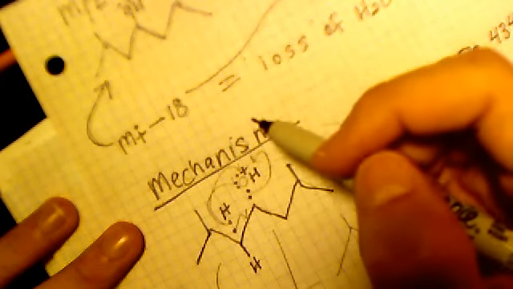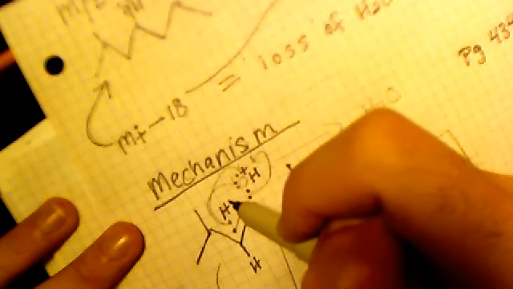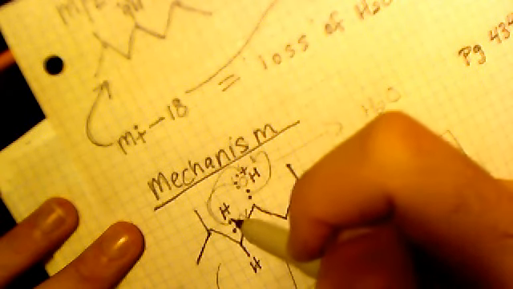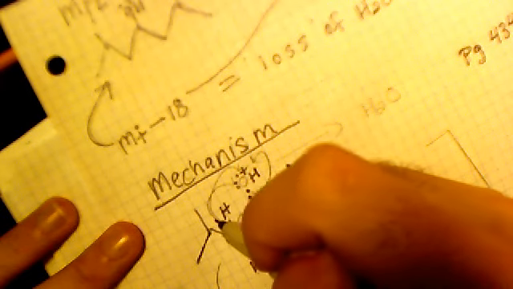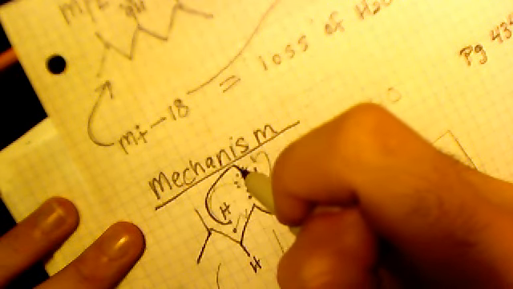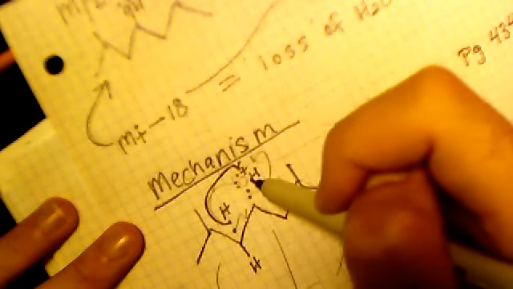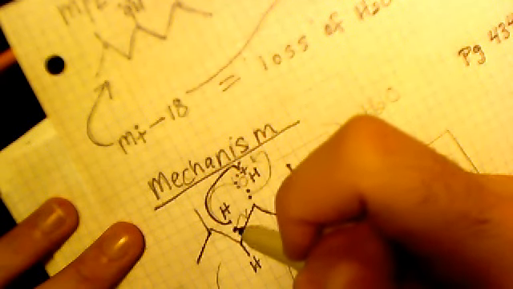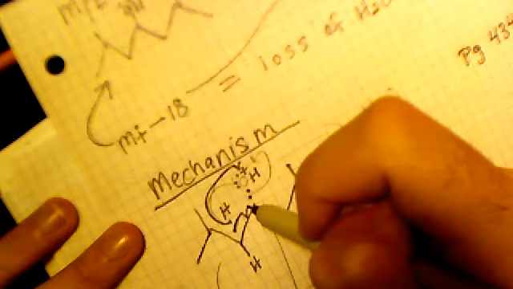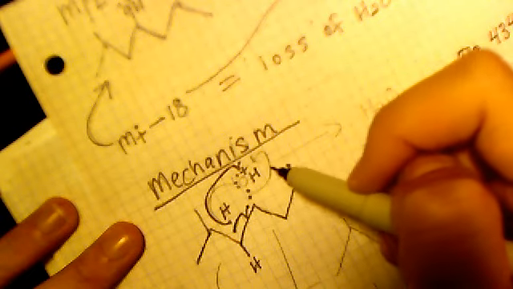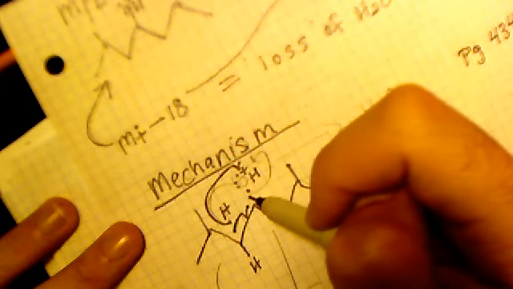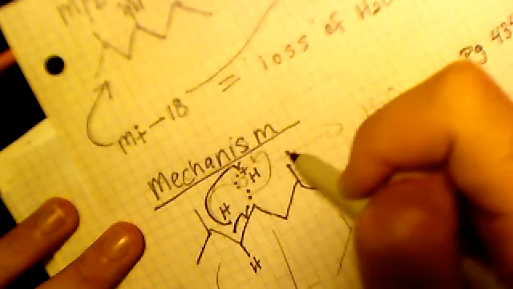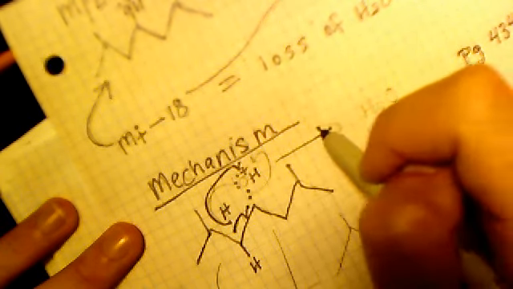So basically what they said is that this hydrogen right here gives one of its electrons to that oxygen and one of its electrons to this bond right here, and then this hydrogen goes and attaches with this to become water over here.